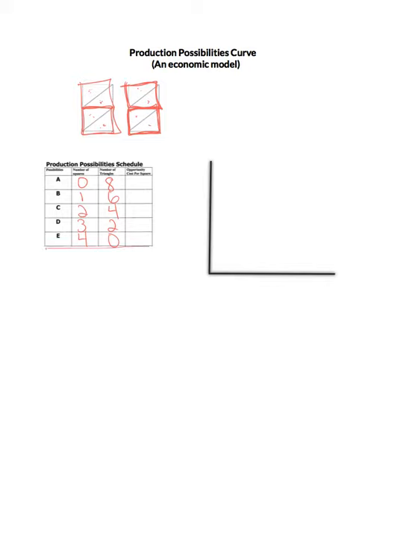I'm going to put all of my triangles on the y-axis and the squares on my x-axis. My triangles went all the way up to 8, so I'm going to make 8 little hash marks here, and my squares went up to 4, so 1, 2, 3, and 4.